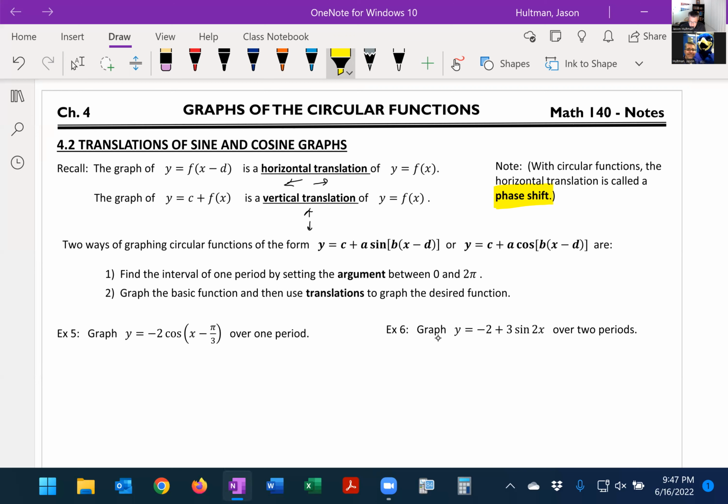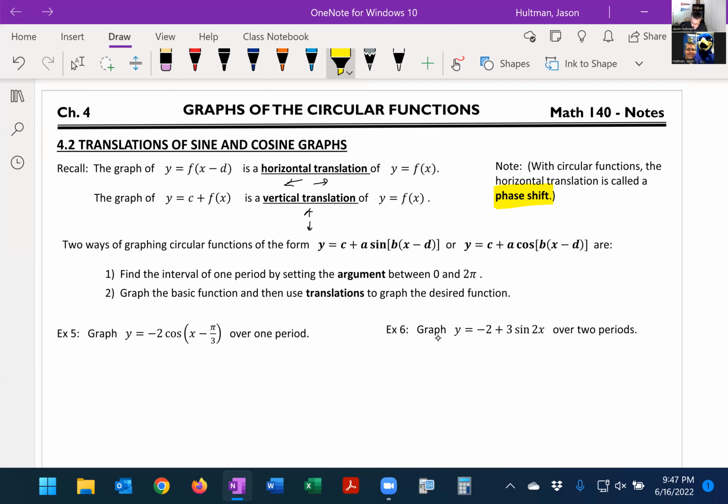One, find an interval of 1 period by setting the argument between 0 and 2 pi. Two, graph the basic functions, and then use translations to graph the desired function. So we're going to find what a, b, c, and d are, and then interpret how that's going to displace all the points in the graph.